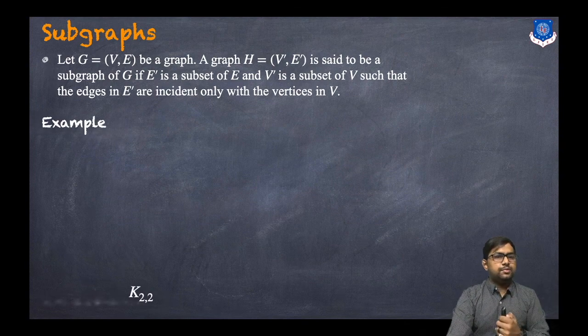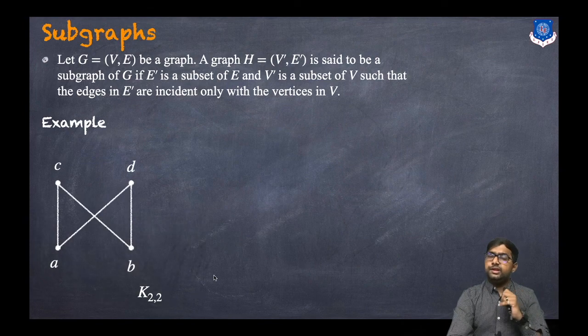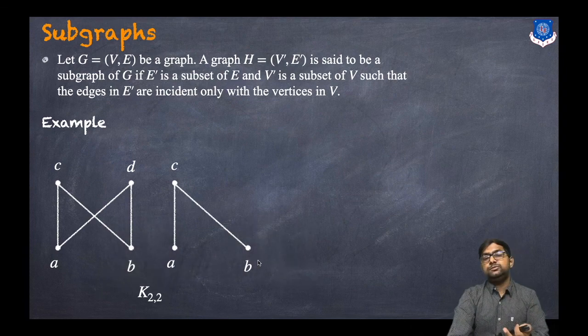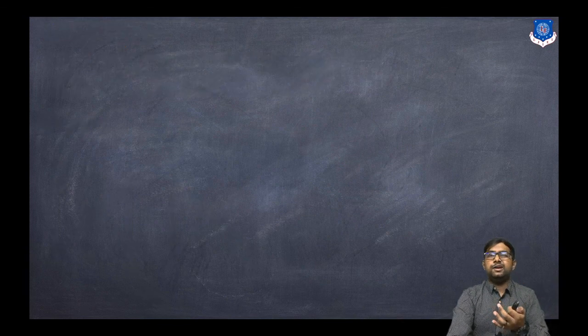Just take an example. Consider this K22. See here, the edges are incident only with the vertices in V. So this can be the subgraph. Why? Because you can see that this graph is a subset of the K22, so it will be a subgraph. It is very easy.